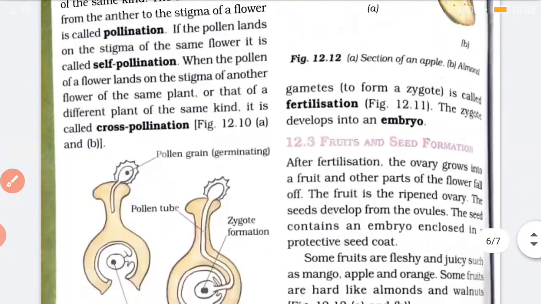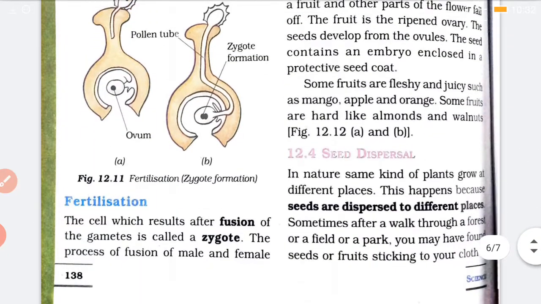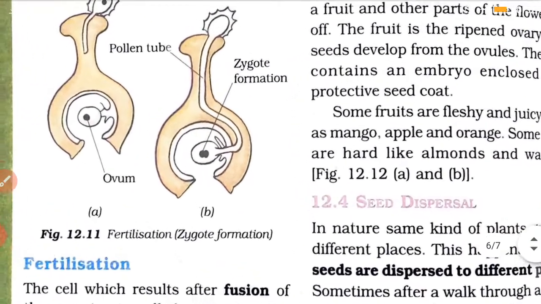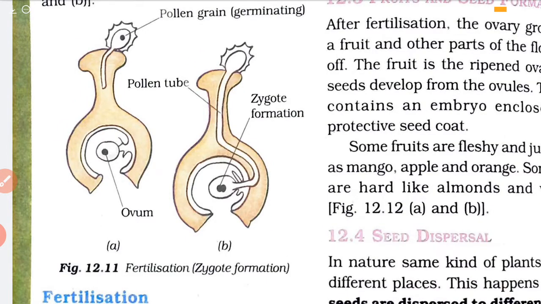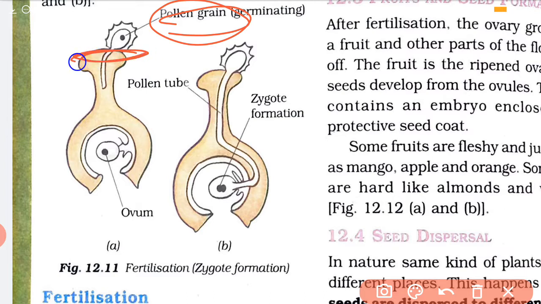Now let us see how the process of fertilization starts, means how the male and female gametes come in contact with each other. Now we have seen that pollen grain, which is the male reproductive part of the cell, they come through pollination on the stigma of the flower. And when this pollen grain starts germinating, means when they start to grow, what happens?